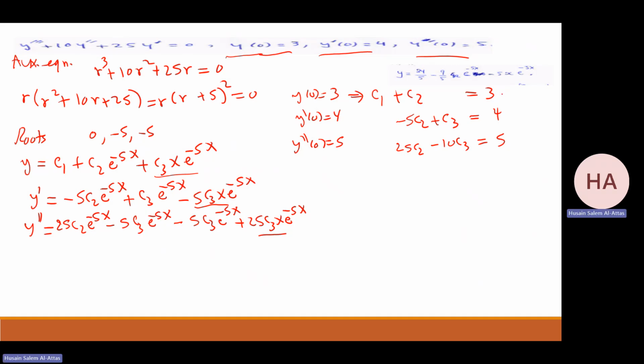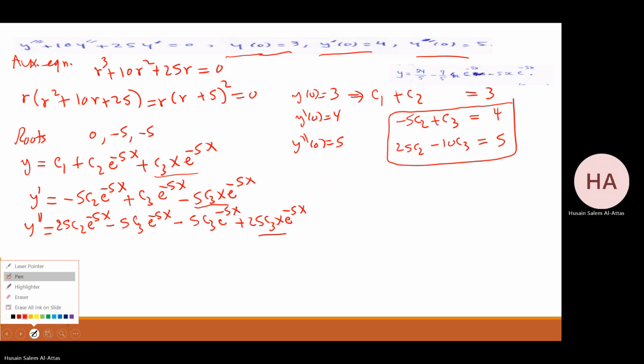I can take these two equations and try to solve them. I can find C2 and C3. Then I plug C2 there to get C1. Okay. So I can multiply this by 5 and then add.